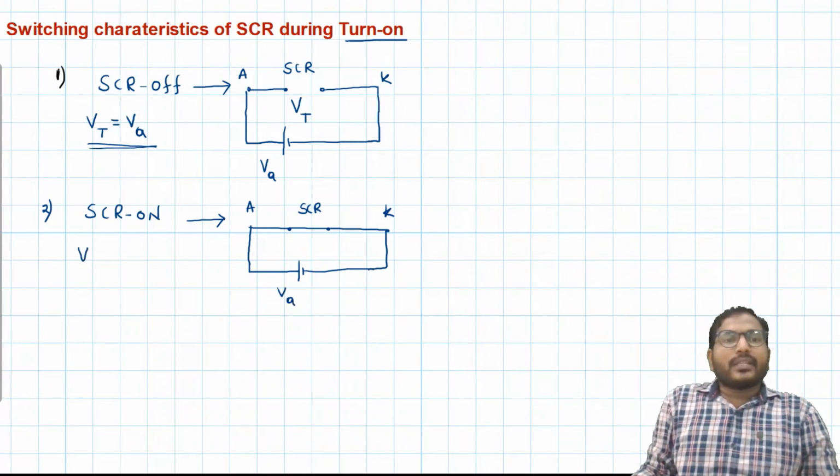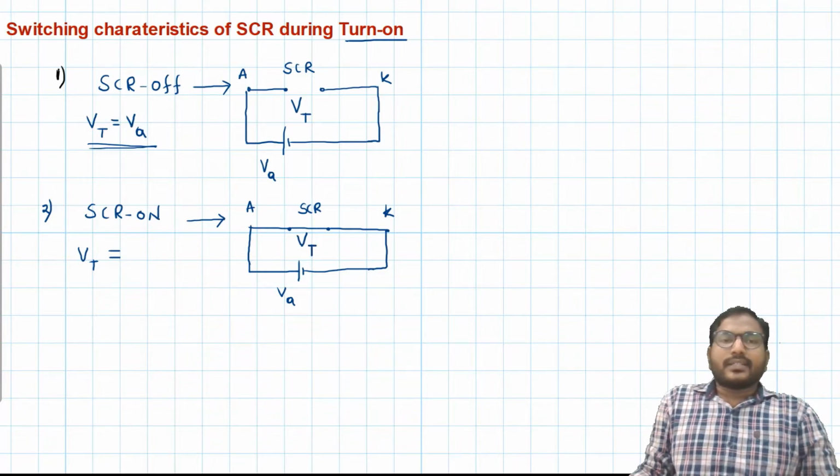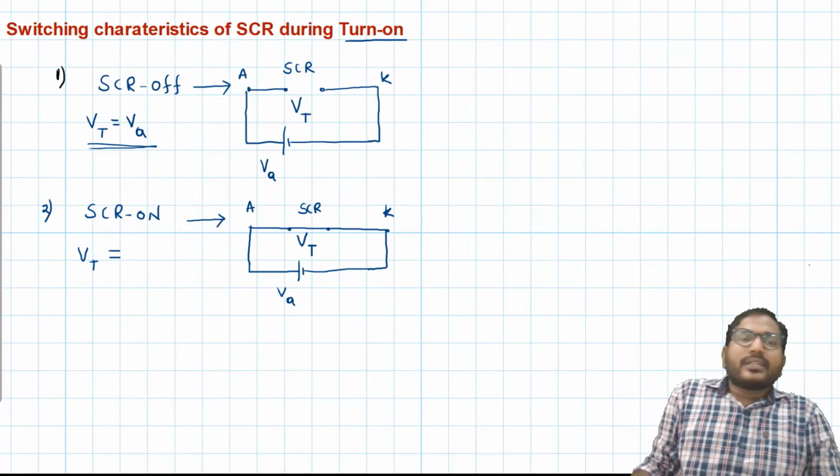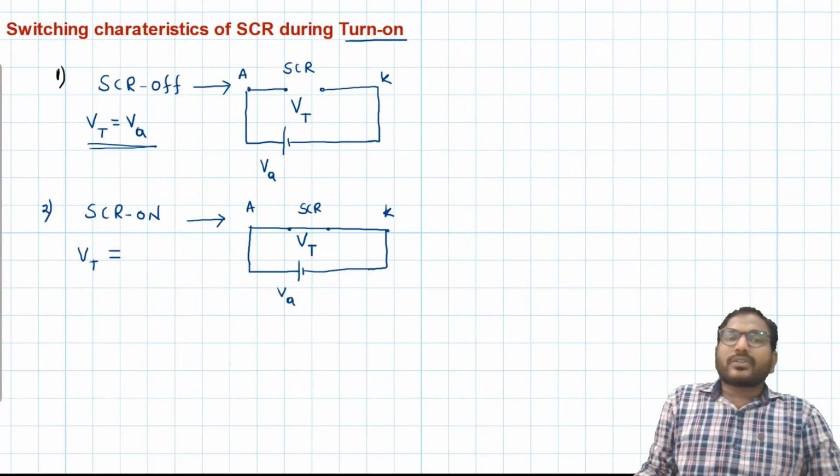Tell me, in this case Vt is equal to Va. Here Vt is the voltage across the SCR which is conducting. The SCR acts as a short circuit line. Then tell me, what is the voltage drop across a short circuit line? It is approximately 0 volts.